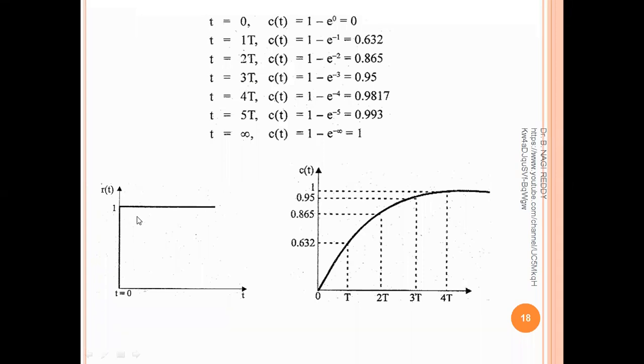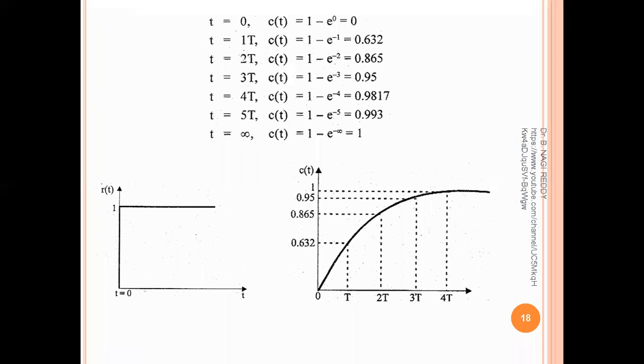The actual value we need to get is 1, but at 3T we have received 0.95 or 95%. So we have reached 95% of the output. That means 5% error is there, which can be acceptable. So in some cases, 5% error will be considered. In some cases, 2% error will be considered.